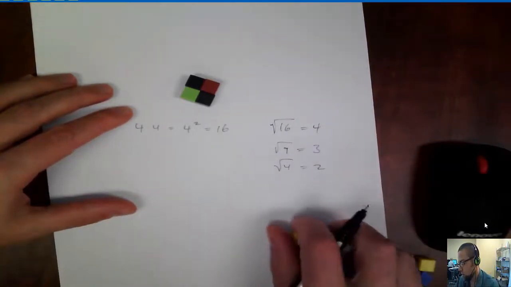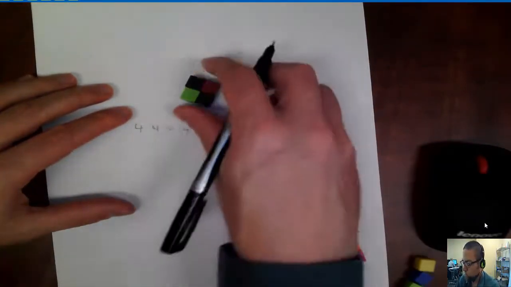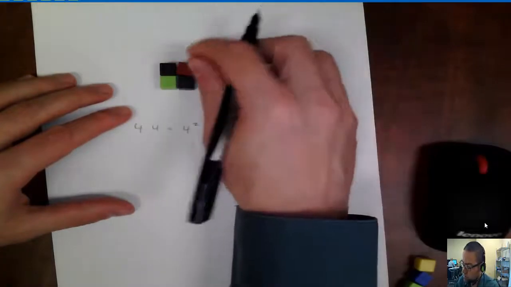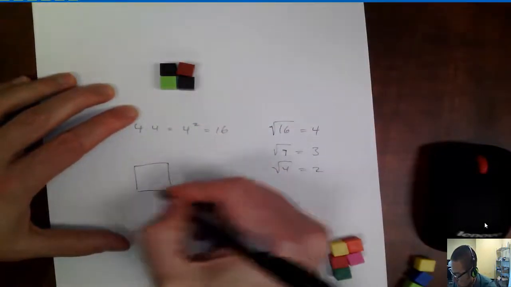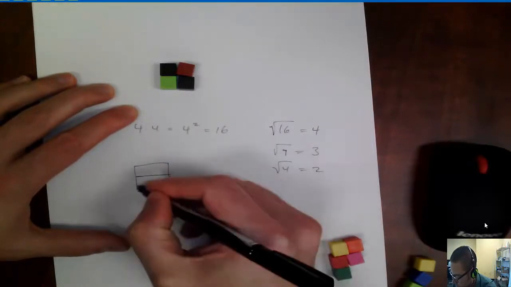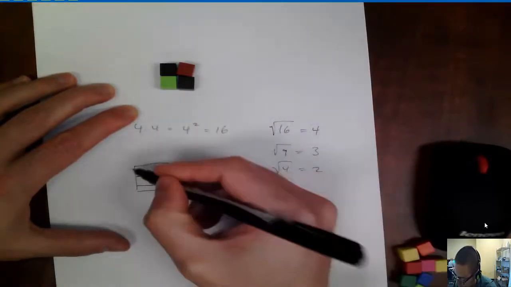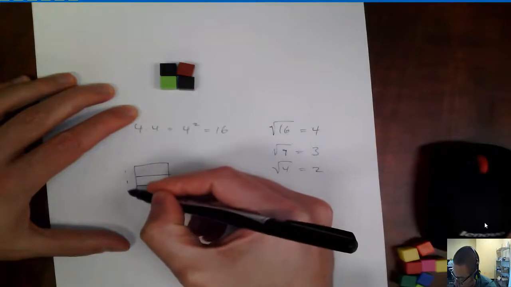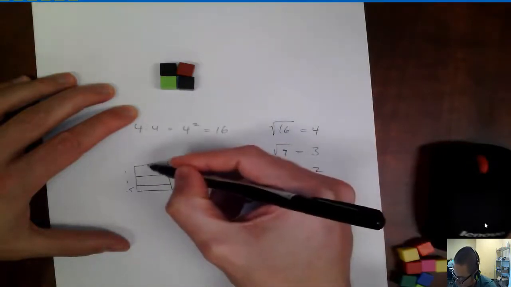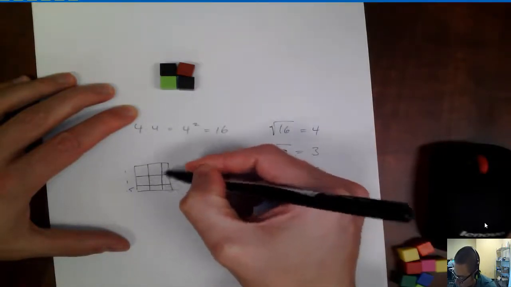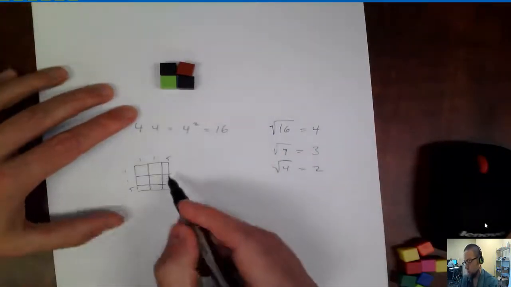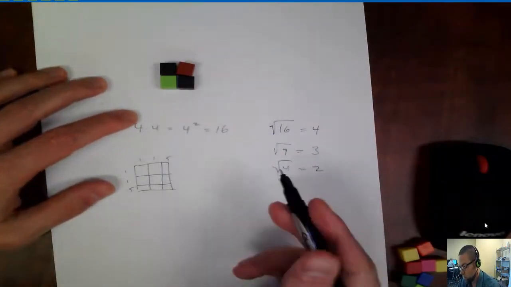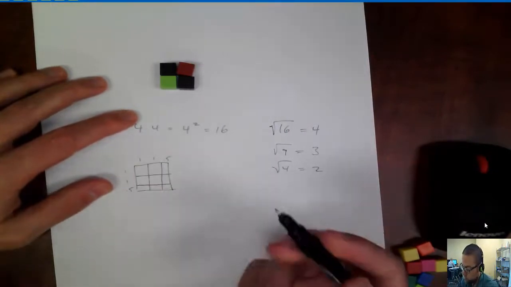Now comes the tricky part. What if I wanted to have a side length of 2.5? What would that square look like? Okay, so 2.5. Right, so 1, 1.5. And in this direction, it's 1, 1.5. So if I added up all the fractional parts, how many squares would be there?